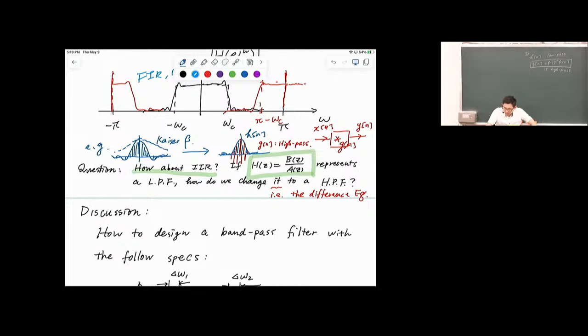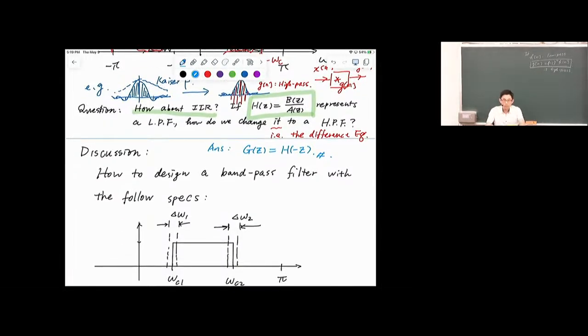The answer is that simply g of z is h of minus z. That will be the end. It turns out it's that simple. I ask you to show that. This operation can change a low-pass IIR filter to become a high-pass IIR filter. So that's part of your homework 5.